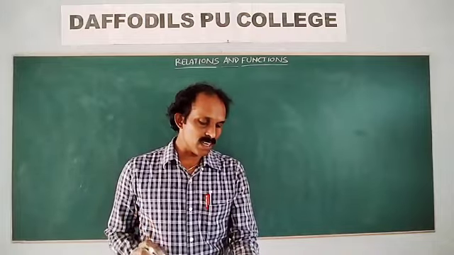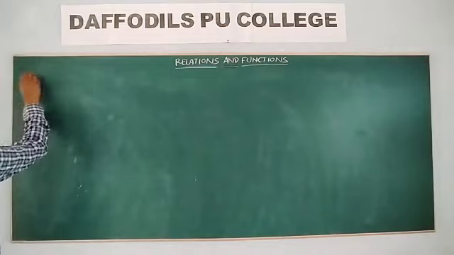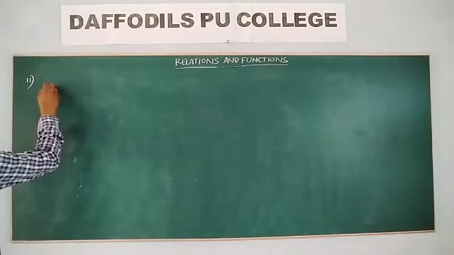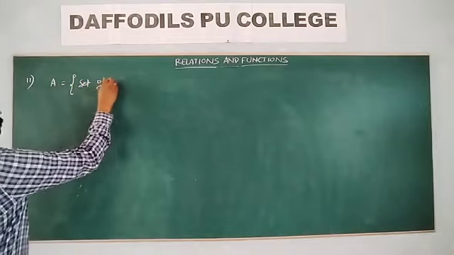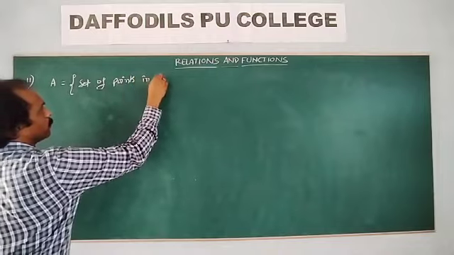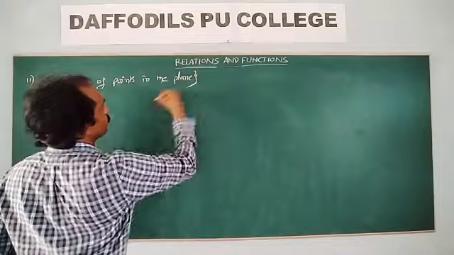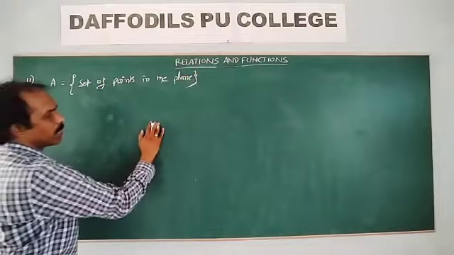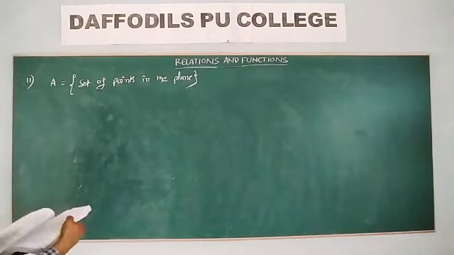Okay, first of all, A is the set of points in the plane. Suppose this is the plane; in the plane, some set of points are there.